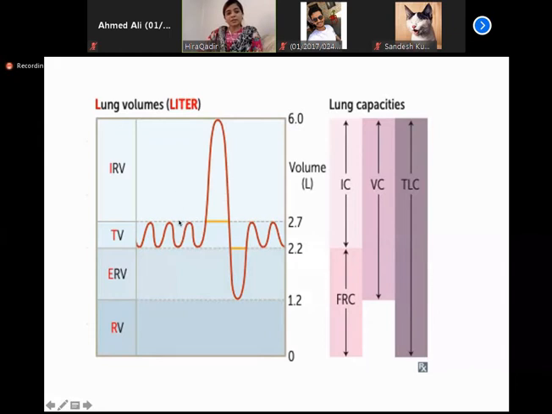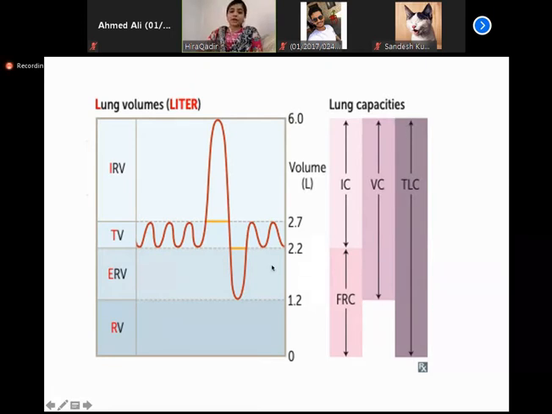The sum of these volumes gives lung capacity. For example, the sum of inspiratory reserve volume and tidal volume is inspiratory capacity. The sum of expiratory reserve volume and residual volume is functional residual capacity. Then these two make vital capacity, and these three make total lung capacity.